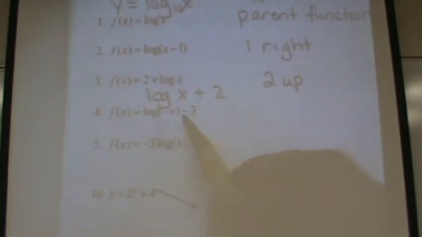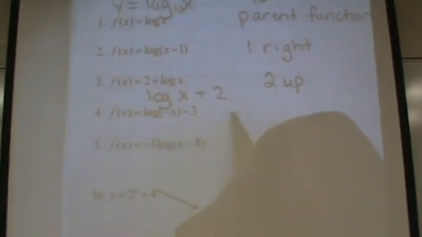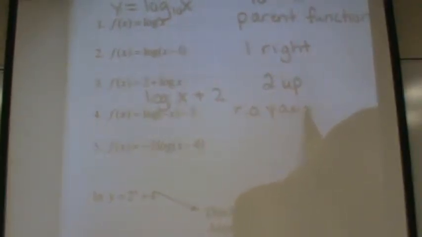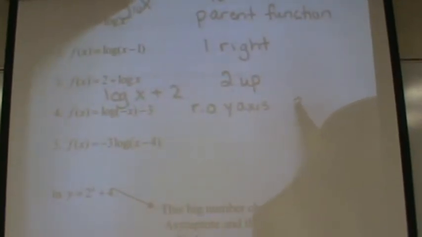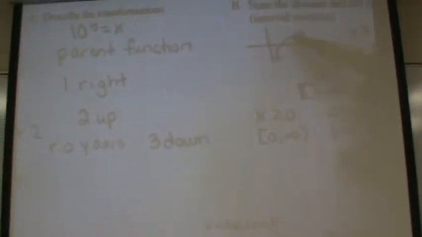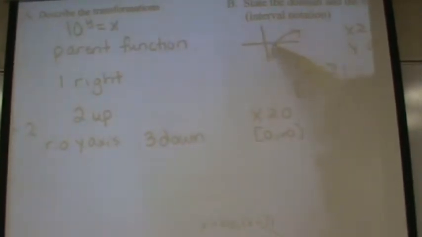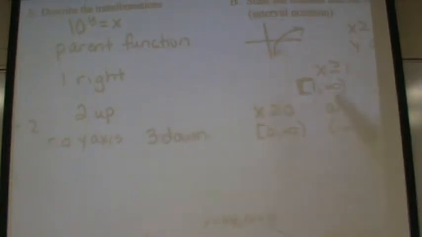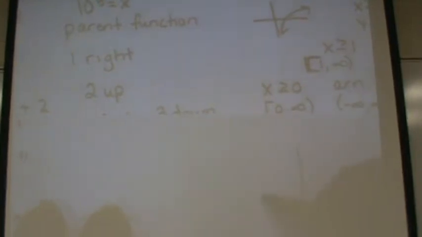Now this one, you're going to flip this one over the y-axis, this is a reflection over the y-axis. And then it's going to be 3 units down. So what you're doing is flipping this, so the graph is going the other way. You're flipping it over the y-axis, it's going to look like that.